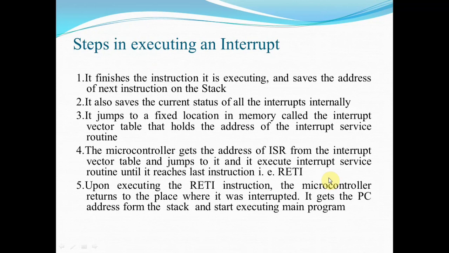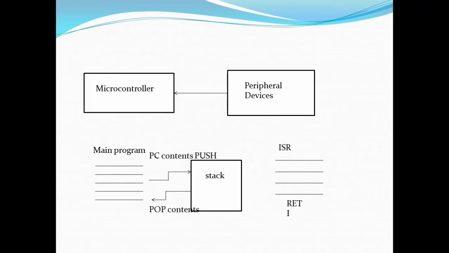Now let us understand the steps in executing an interrupt. Let us first see this diagram, an easy diagrammatic representation for that. There are a variety of peripheral devices. Suppose one of the peripheral devices needs the service of your microcontroller, then it will first raise the interrupt signal for the controller.